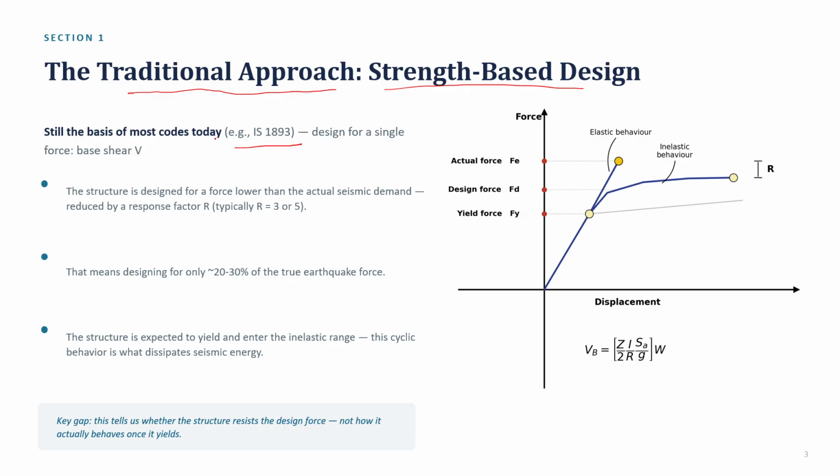In this approach, we basically calculate one force. Here you can see the formula, VB, that is base shear, using a standard formula Z by 2 I by R Sa by g into W, and we design our structure to resist this one force, and if it can resist it, we call the building safe.